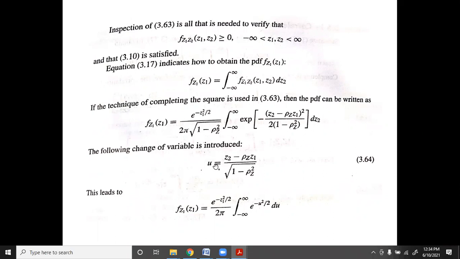If I take the differential of u, then I'll get the term dz2 by the square root of 1 minus rho z squared. So that means this together with this will give me the value du, and this will give me e to the power of minus u squared by 2. This will remain as it is.